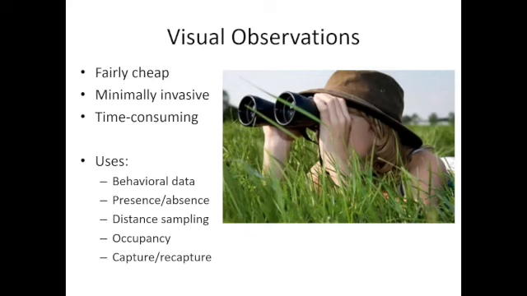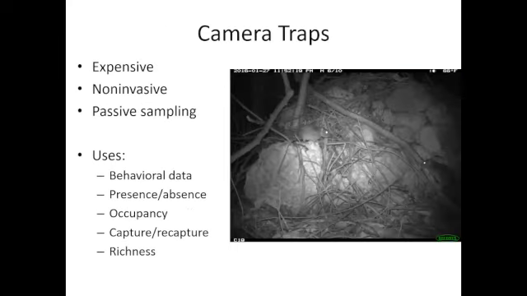But you can also use these data if you're doing point counts or transect surveys for distance sampling, which is a whole other modeling approach to estimate density, and occupancy or capture models if you can identify individuals from these visual observations.